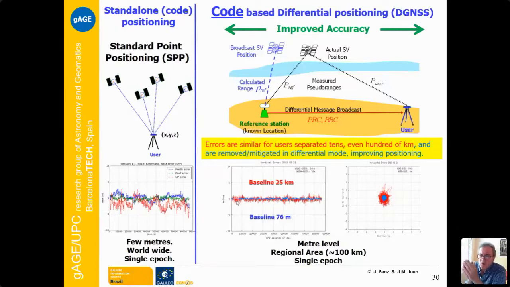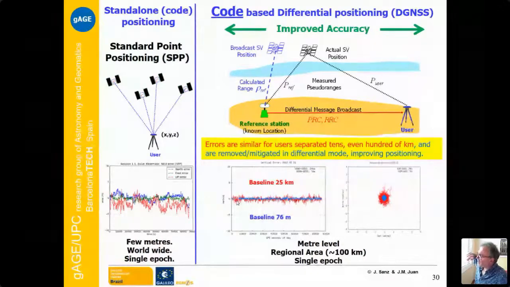This means we do not have to wait in order to restart any navigation filter. We do not have to wait for the navigation filter to converge. No. We compute the solution with least squares in single epoch. But look here, there is a limitation.